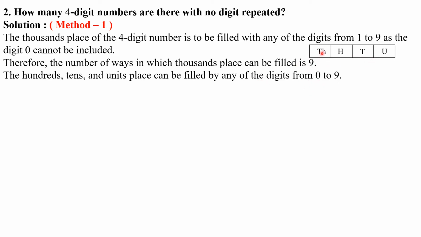But 1 digit is already filled. So how many digits will be there in our hand? 9 digits. If you count the number of digits from 0 to 9, a total of 10 digits are there. Yes or no? Out of these 10 digits, we have already used 1 digit to fill the thousands place. So we have 9 digits in our hand.